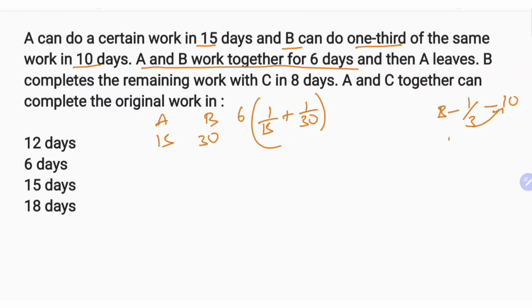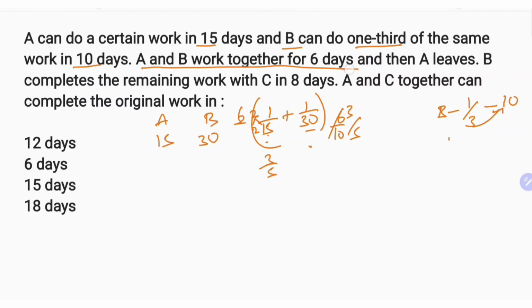After writing this step, don't go to LCM. It is 1 by 15, and 1 by 30. By multiplying numerator and denominator, it is 2 by 30 plus 1 by 30. Answer will be 3 by 30. 3 by 30 means 1 by 10. 6 into 1 by 10 is nothing but 3 by 5.